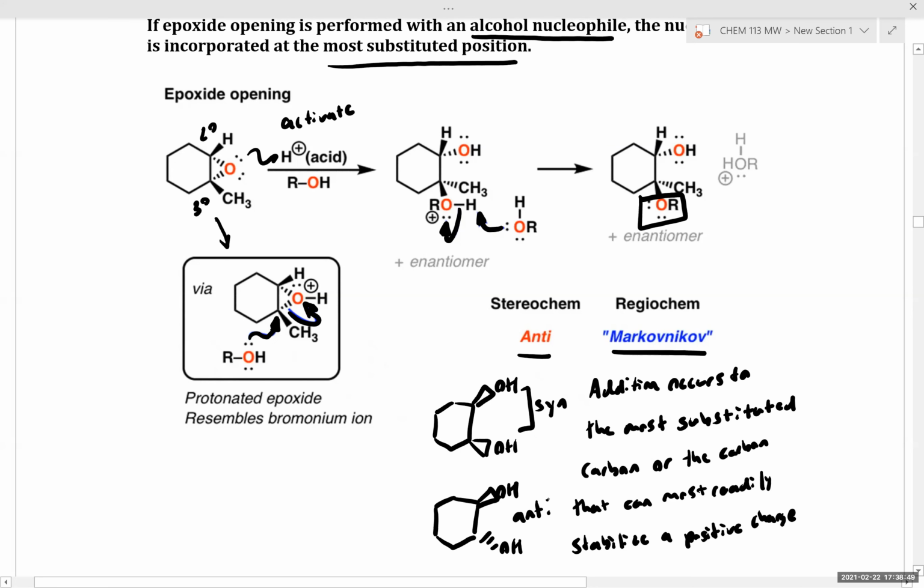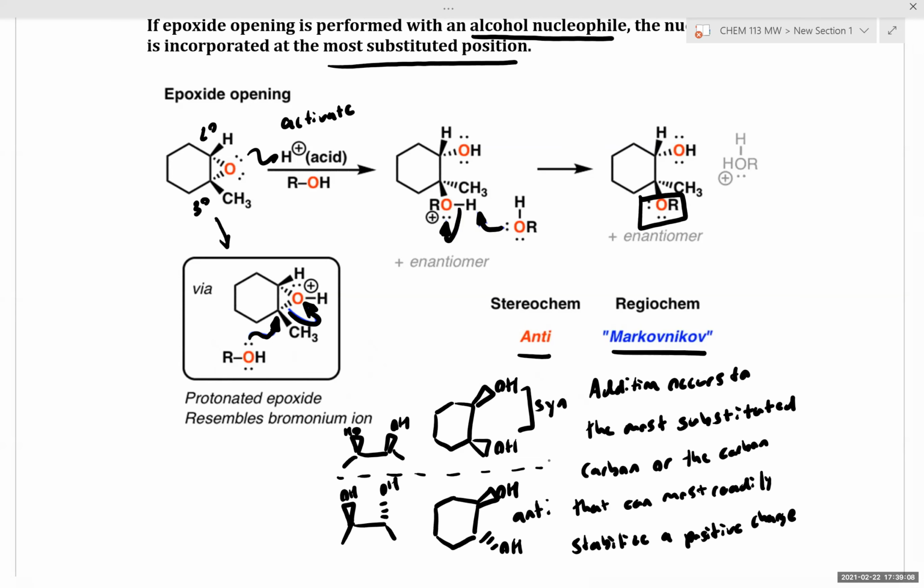And this also applies to acyclic systems, where we can have syn and anti products as well. Does that answer your question? Yes, it does. Thank you. Perfect. Any other questions on this example?